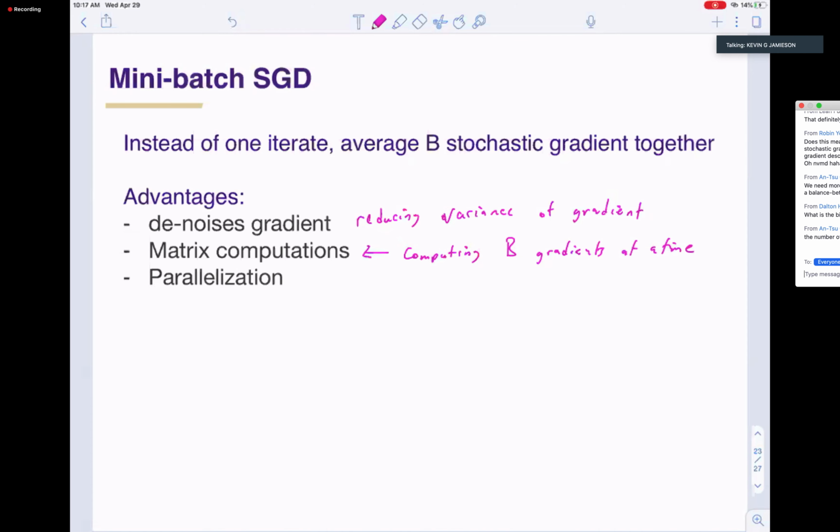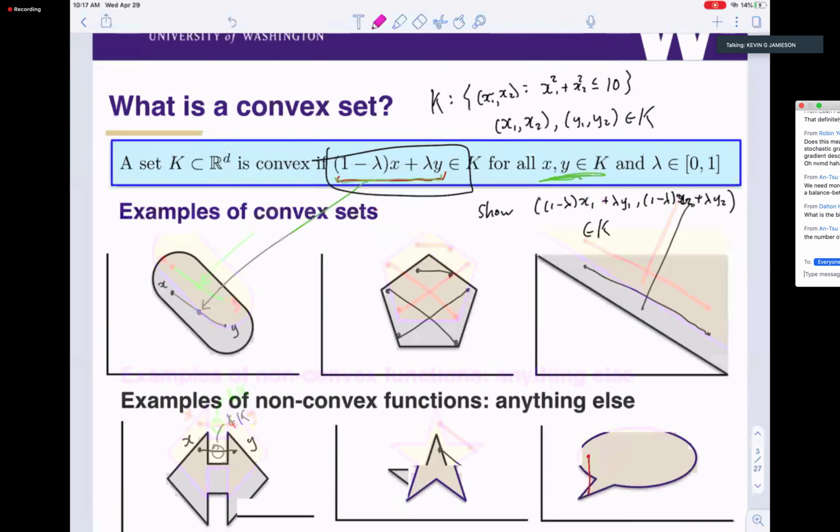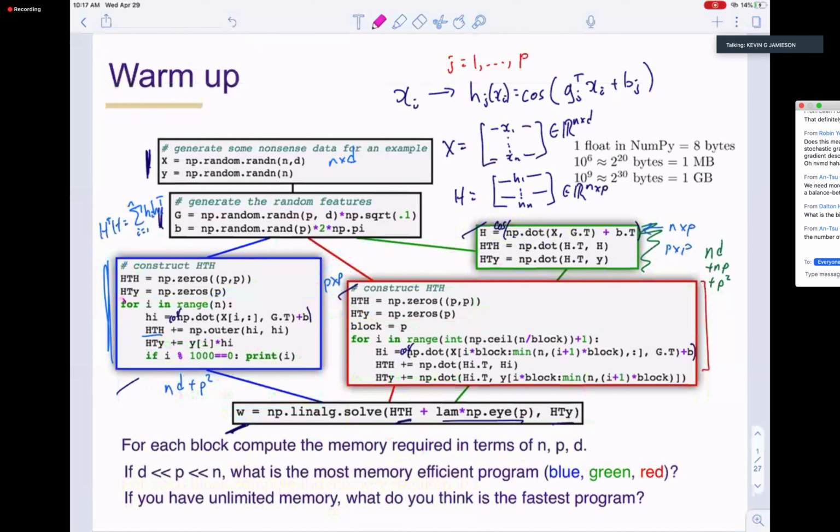Depending on how you do it, if you compute each gradient one at a time in a for loop, it's going to be slow. It's going to be bad. But if you compute each gradient in that batch and use matrix operations to do the updates, you're using the full power of linear algebra, LAPACK and BLAS, all of these operations that have been optimized to death in your computer, and you can get a substantial savings, to the point that you're almost getting it for free.